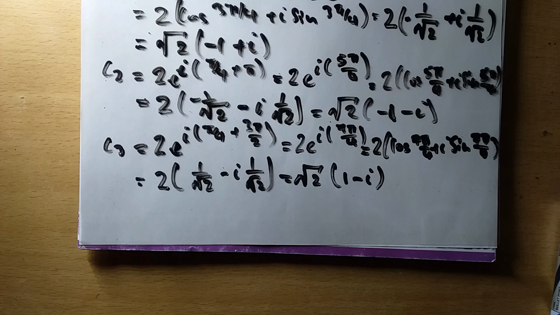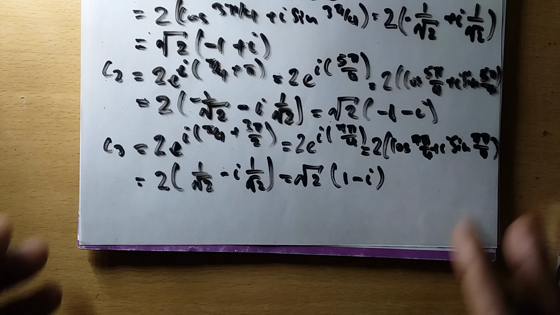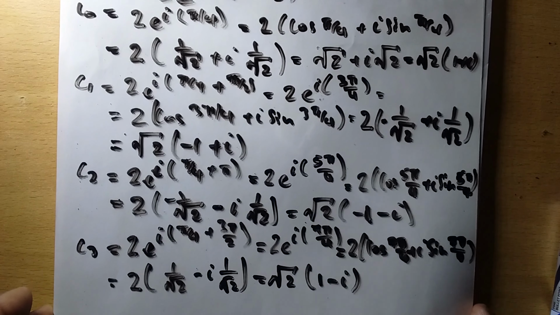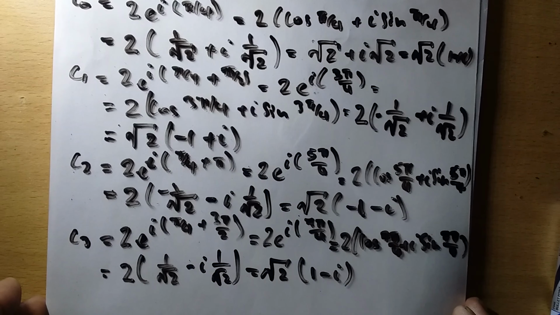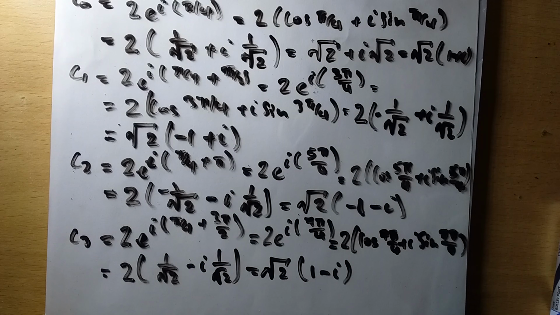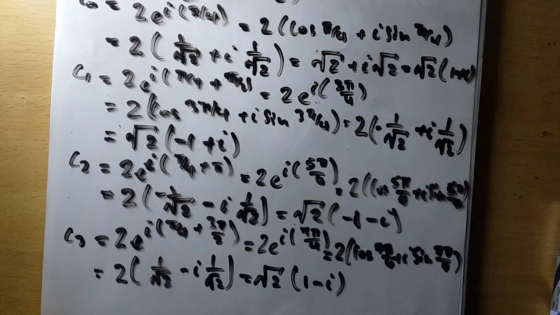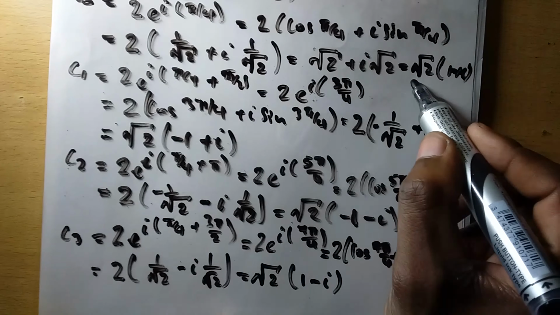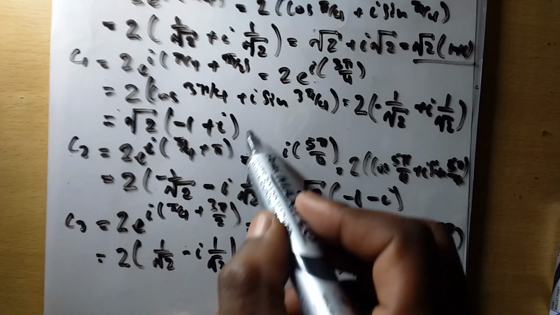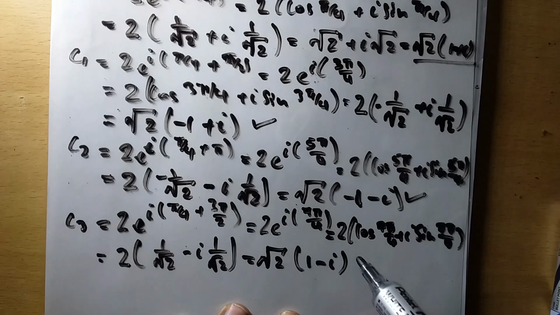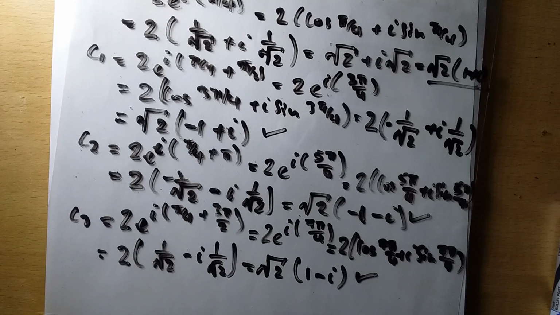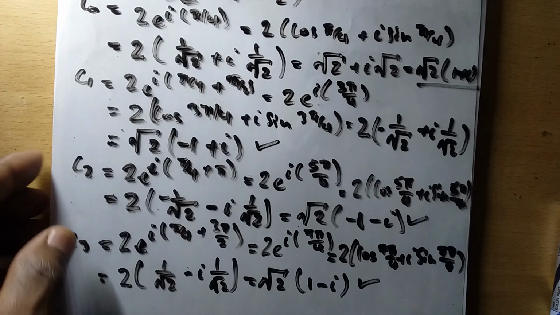Now I want you to look at the roots that we have here. The first root that we have is this one. The second root is this one. The third root is this one, and the fourth root is this one. Now you can see that they alternate.